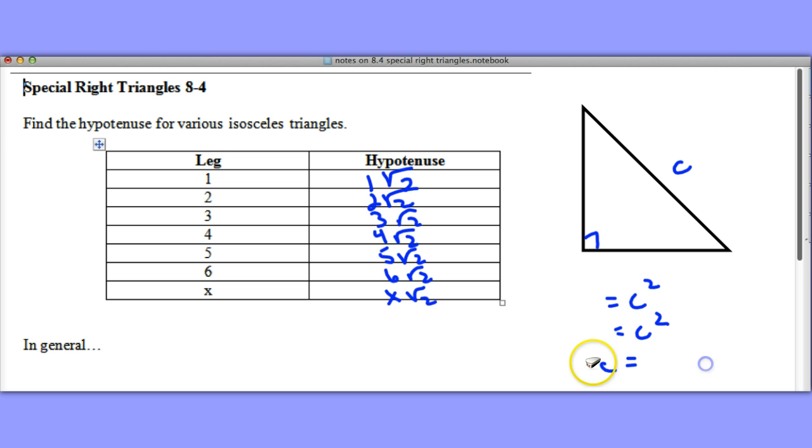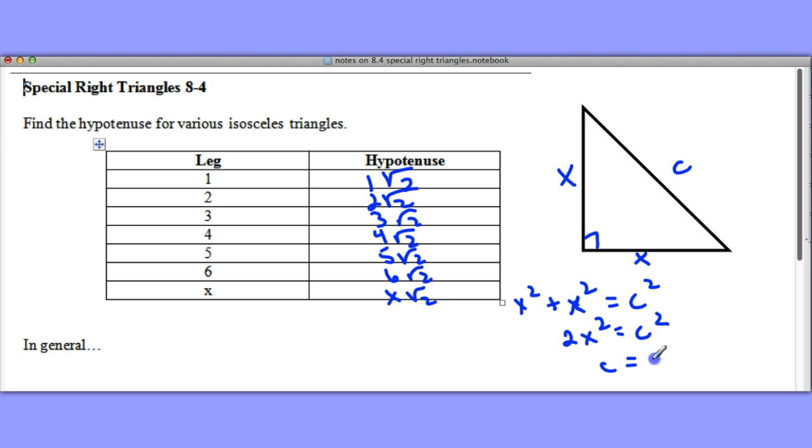So if the leg is x, just verifying that what we have here is true, we'd have x squared plus x squared equals c squared, and that would give us 2x squared equals c squared. And then I need to just have c, so I'll take the square root of both sides.